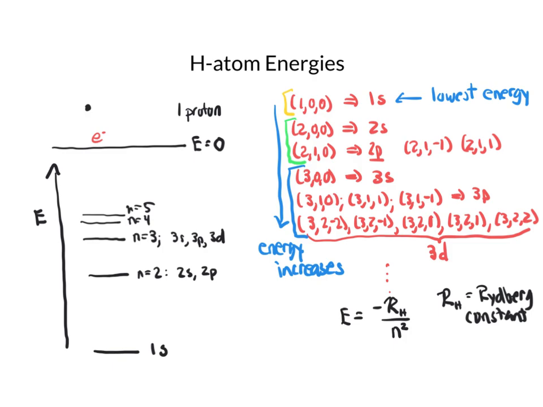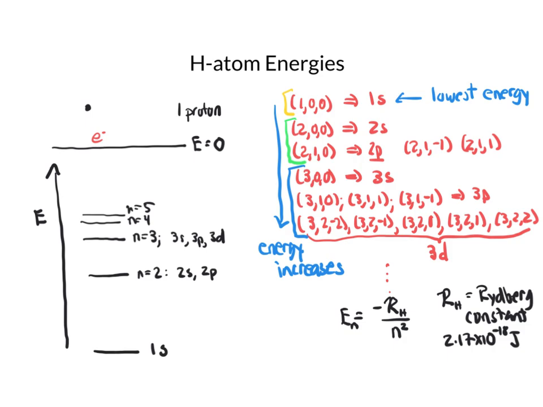And it has the value of 2.17 times 10 to the minus 18th joules. So that Rydberg constant is a constant, and the energy then only depends on the n value of my particular orbital, which describes the electron.